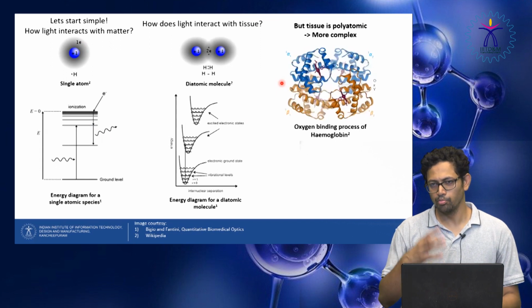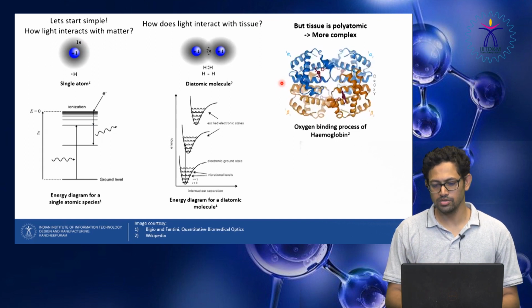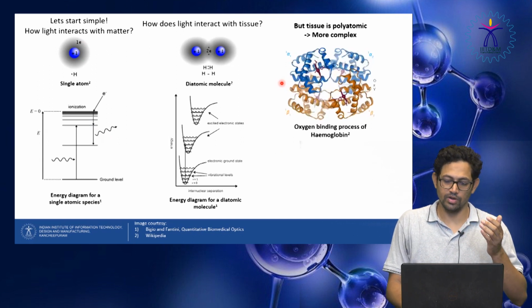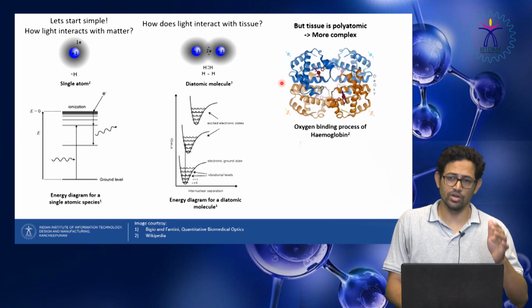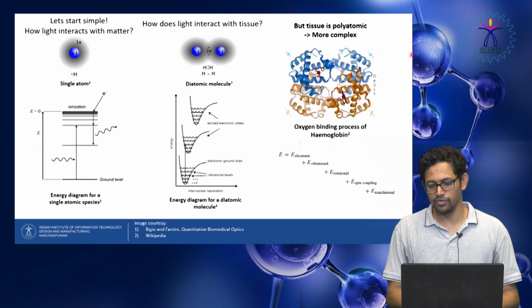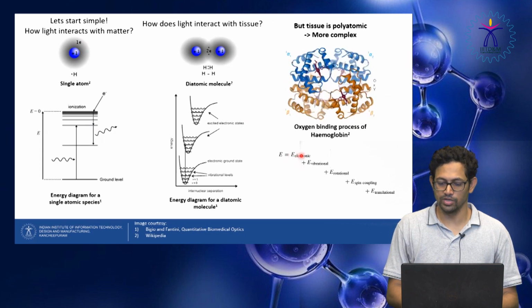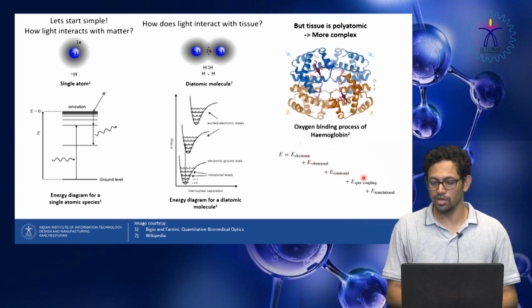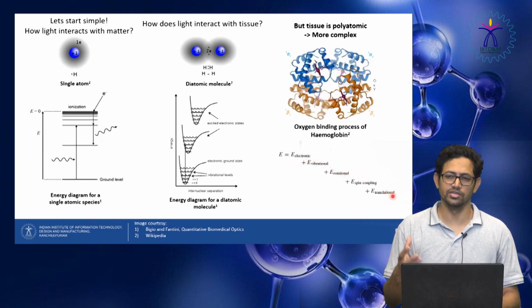But in this polyatomic molecule, we don't just have the vibrational levels and the electronic states, but we also have more states. For example, we have electronic states, vibrational states, but we also have rotational states, spin coupling, and translational states as well.